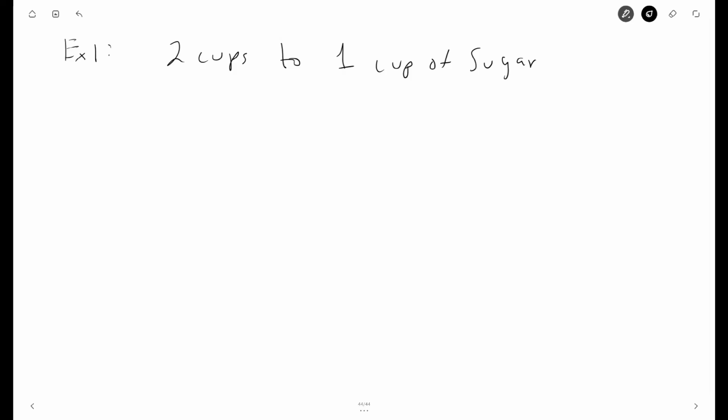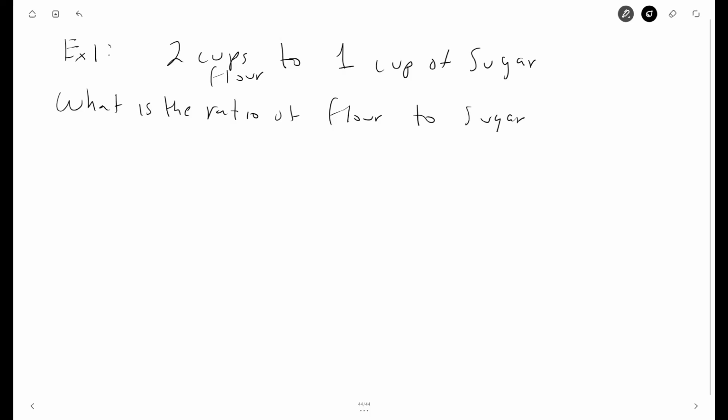The question that we need to solve is what is the ratio of flour to sugar, and how it can be adjusted if you want to make twice the amount.